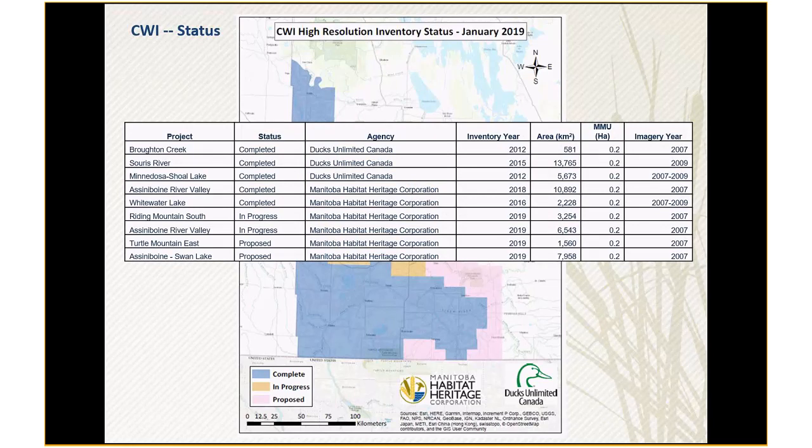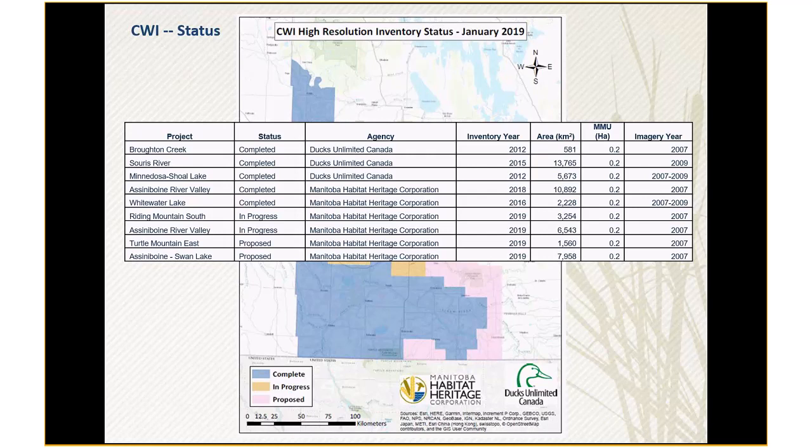The challenge in Manitoba is that a lot of their photography is older. You look at our inventory years, there was a lot of work done in 2012, 2015, and by DU and MHHC going forward. And it's all been from the Manitoba ortho refresh stereo models.